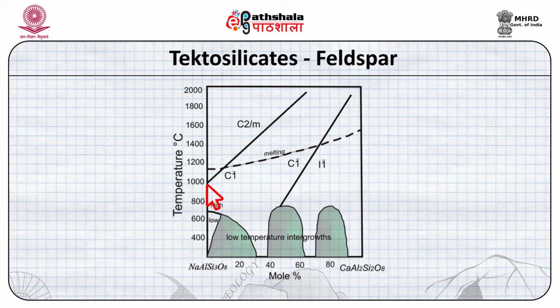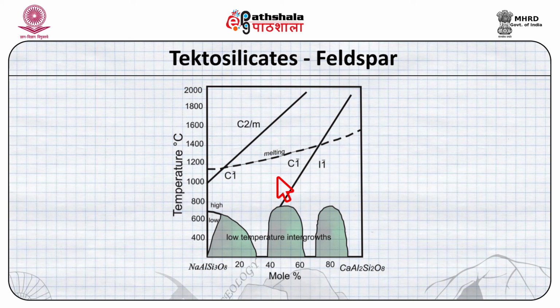So, this normally represents higher temperature, as we also see that the melting axis intersects this. So, there is only a small area where the solid phase and the C2/M structure is stable. It is stable only at very high temperature. Then we have C1 and 2 structures which segregate increasingly lower temperature feldspars.